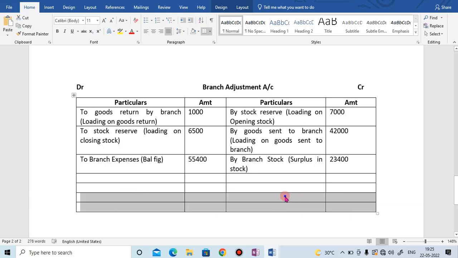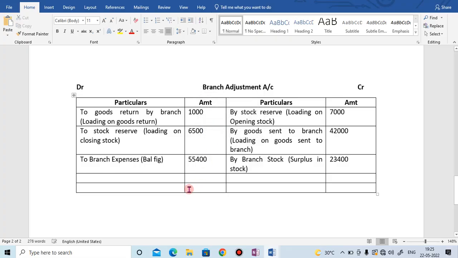Now close the branch adjustment account. Add 1000 plus 6500 plus 55,400. So the debit side is less and the credit side is more. So 7,000 plus 42,000 plus 23,400, total is 72,400. So the difference of debit side and credit side is 9,500.